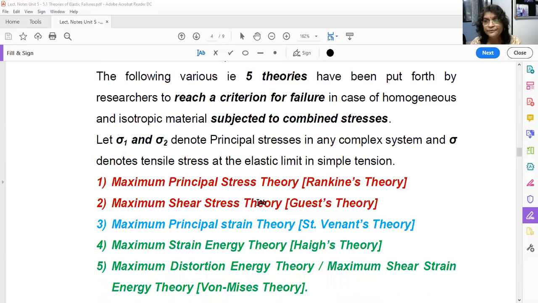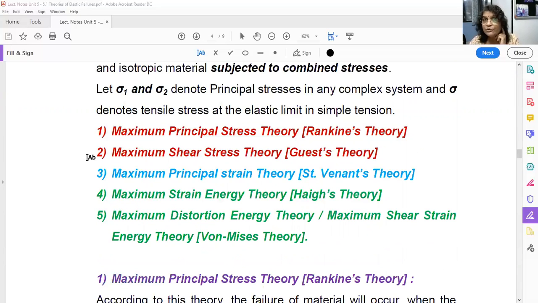So this sigma permissible is found out from the simple tension test. Now these are the 5 theories which you are going to learn. You have to remember these theories in this sequence only. It is very easy to remember in this sequence, so that you can remember the formulas also in this sequence.